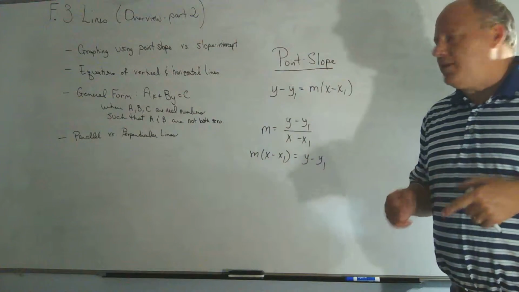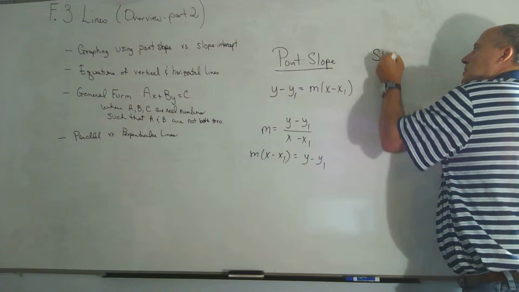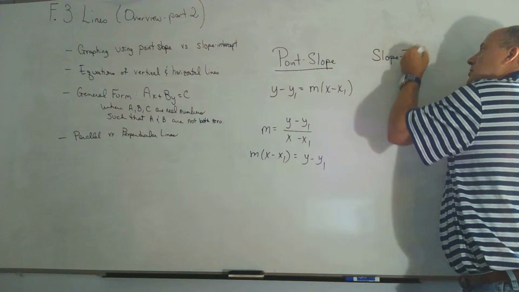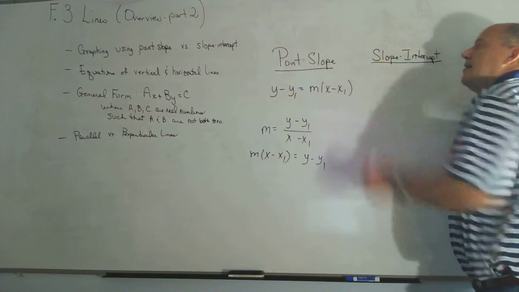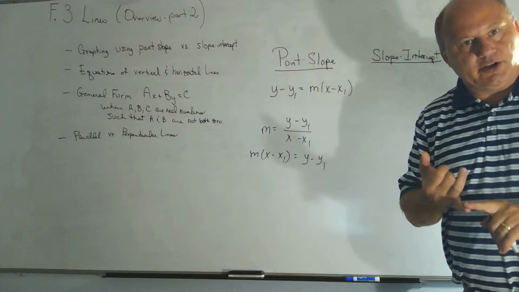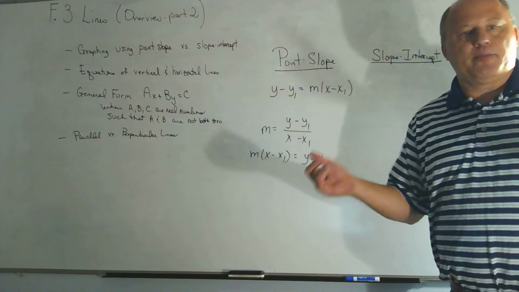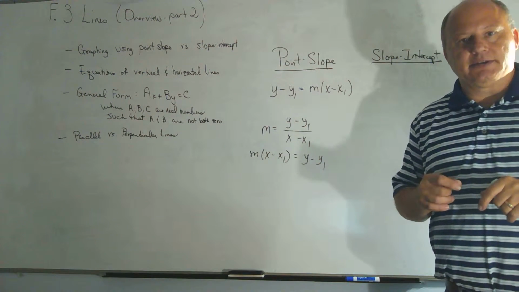Now, the other formula that we use is called the slope-intercept formula. The point slope is used when you know the slope and any other point will do. Any other point, it doesn't matter what the point is.